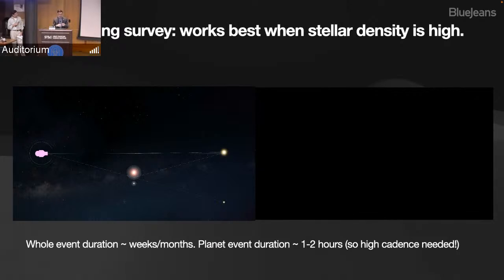By taking 15-minute cadence of these very stellar-rich fields, for these 2 to 3 month seasons, you can detect these microlensing events, but also for all of those stars, you'll get a light curve where you can detect a transit event in the typical transit approach. So by analyzing different light curves, you can get both these microlensing planets and these transiting systems in the same data set.